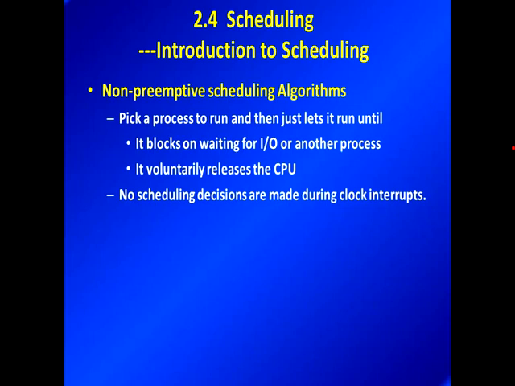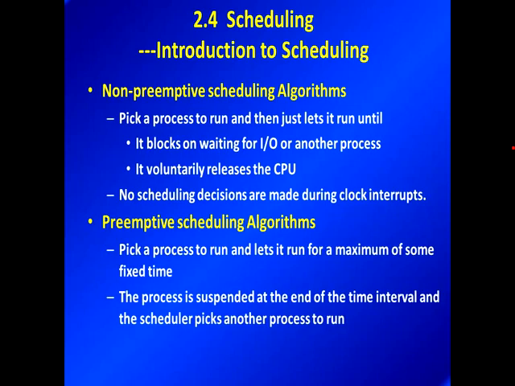Also, we learned that the scheduling algorithms can be divided into non-preemptive and preemptive ones. So you need to understand the difference between them. If we adopt non-preemptive scheduling algorithms, it means the process leaves the CPU only when it doesn't need the CPU at that moment.